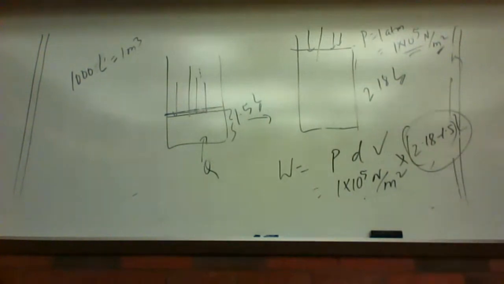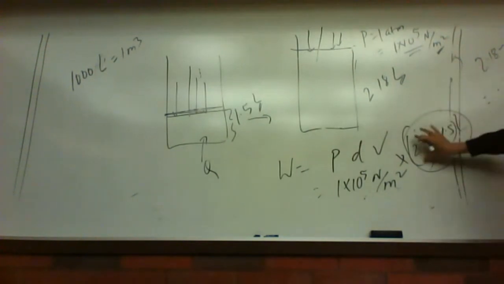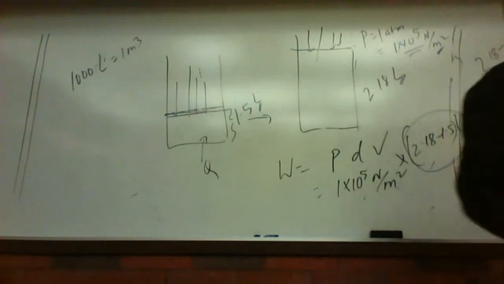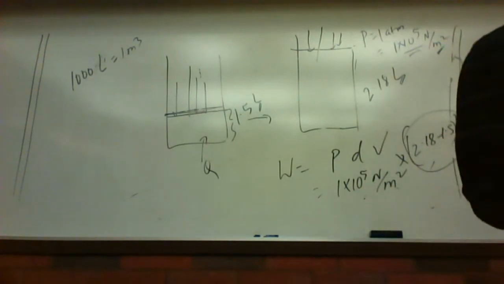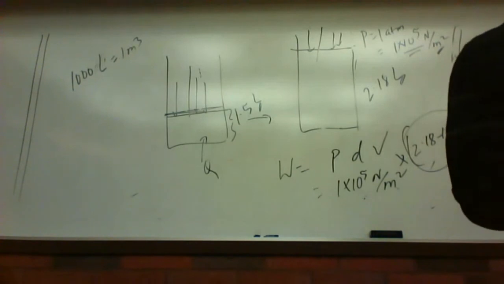Or you can do the conversion at the beginning. Subtract 2.18 minus 1.5, whatever number comes is in liters, and you need cubic meters, so put 1000 liters down here and cubic meter up here, then get this number, put it here and multiply, and you get the work done. I did it there, and you can look at that, it gives you minus 68.